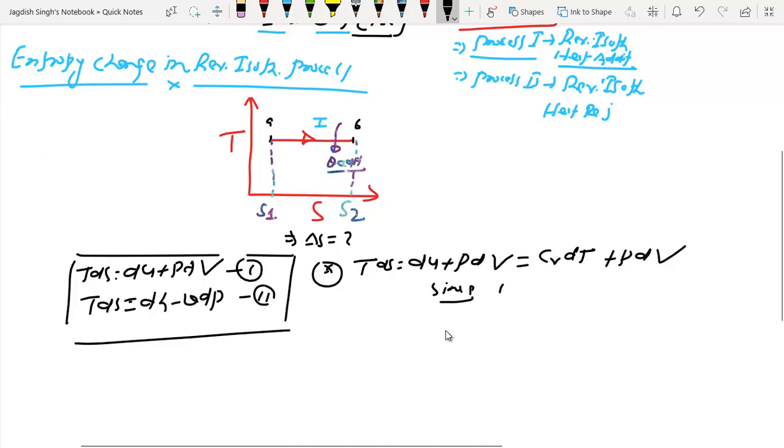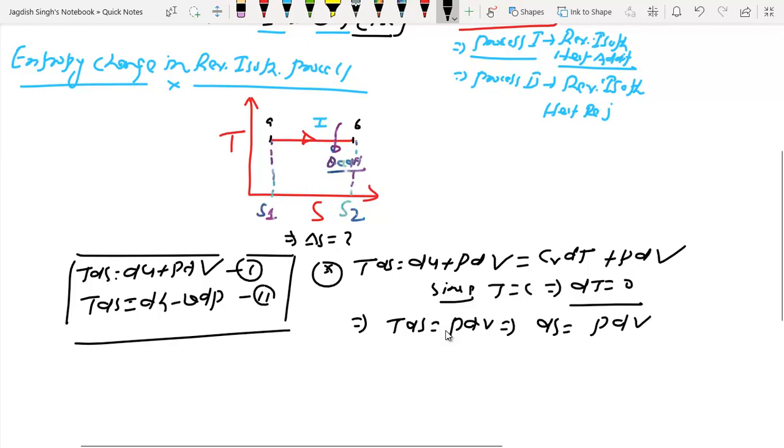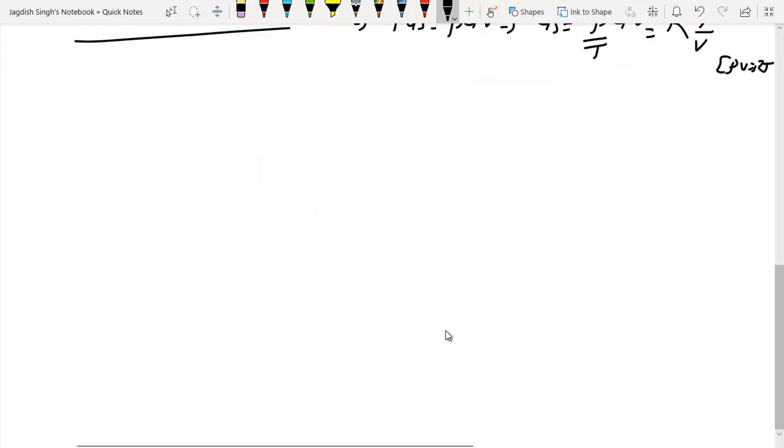Since temperature is constant, dT will be 0. This implies TdS is equal to PdV, so dS is equal to PdV by T, and we know that P by T is equal to R by V, since PV is equal to RT.